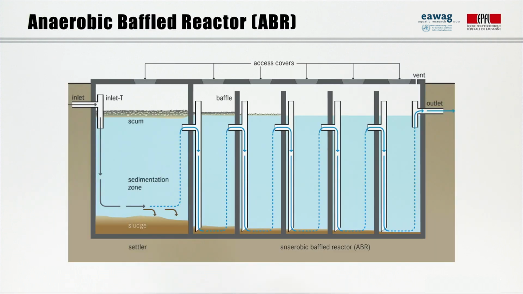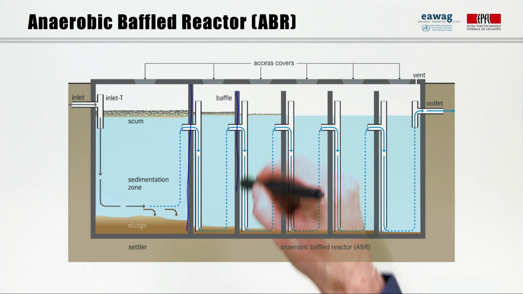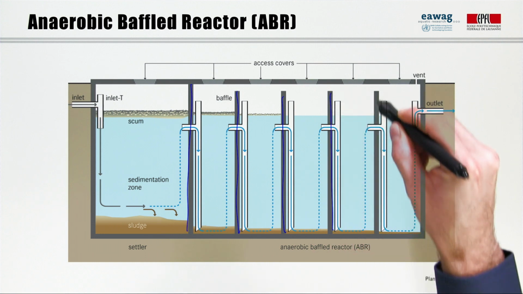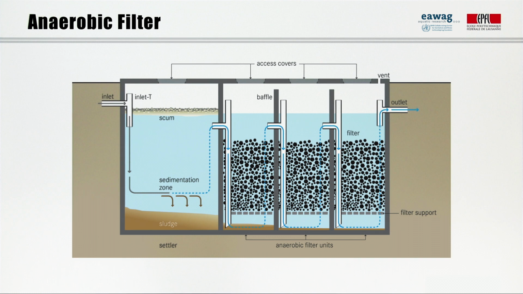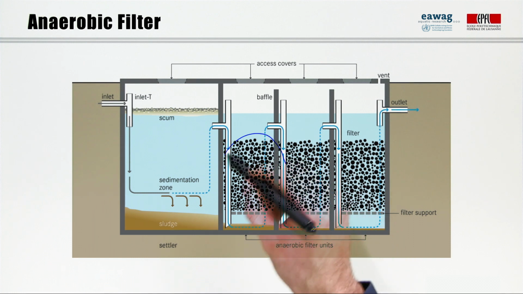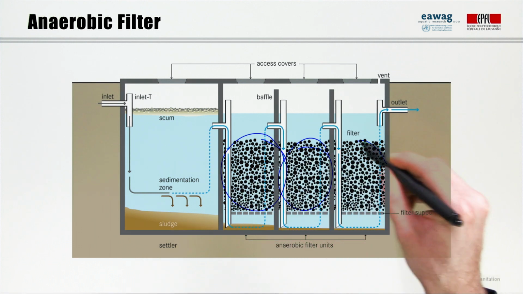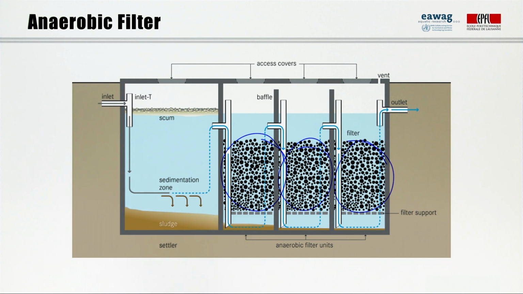An anaerobic baffled reactor, or ABR, is like an improved version of a large septic tank. Its functioning is very similar, but it is equipped with baffles which form several anaerobic chambers to remove and digest organics and improve the treatment performance. The treatment can be further improved by providing 1 to 3 fixed bed filter units, which help to trap non-settleable suspended particles and provide an increased surface for microbial growth.